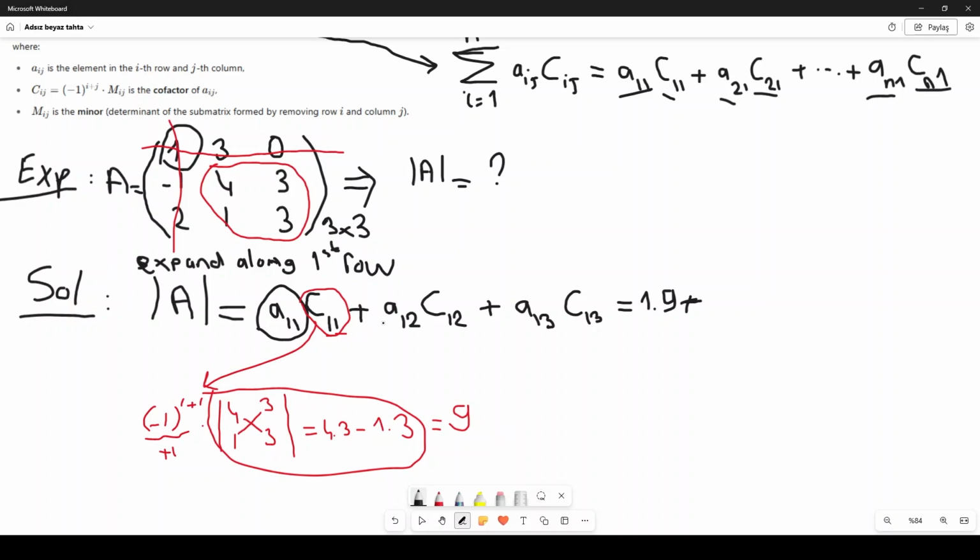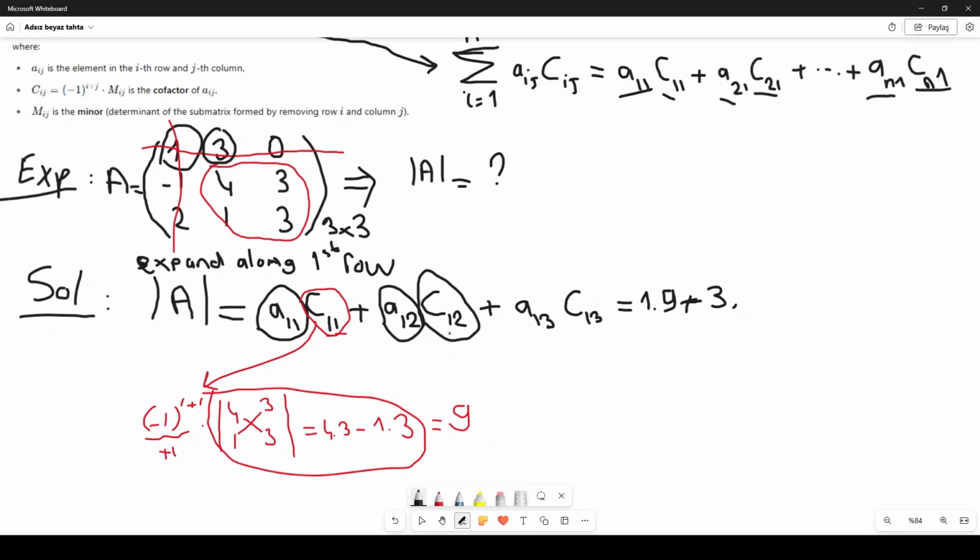Now the second term, A12. What's the value of A12 here? We see that A12 is equal to 3, right? So 3 times, and what is the cofactor for 1,2? It is the entry that lies at the intersection of the first row and second column.